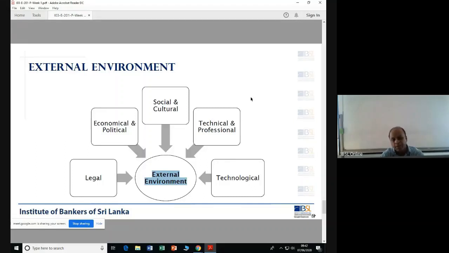And finally, one aspect is technological enhancements. As you know, today banking is purely based on technology. Whoever has the technological edge becomes the pioneer in the banking sector. So technological enhancements have become more and more important as part of the external environment of organizations.